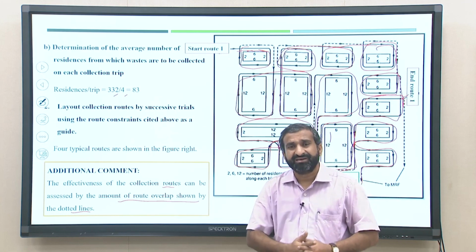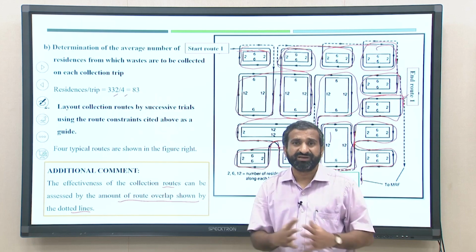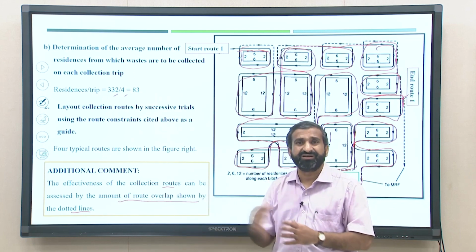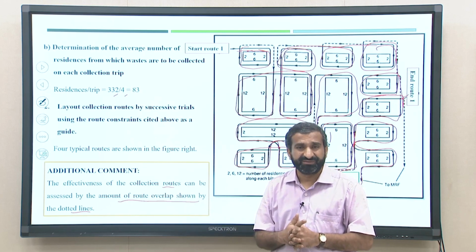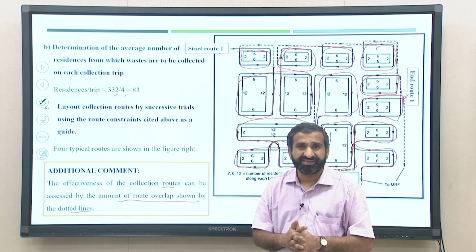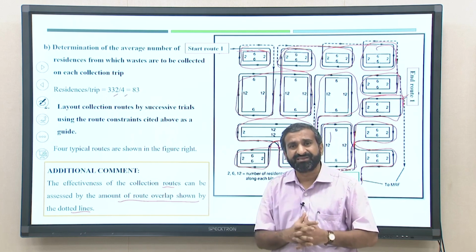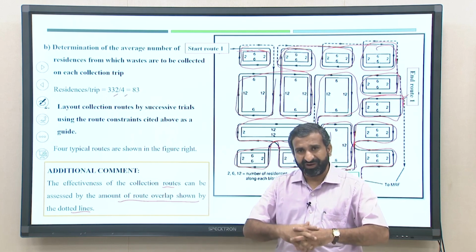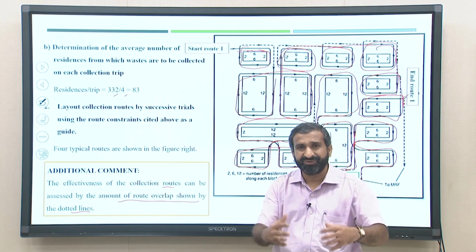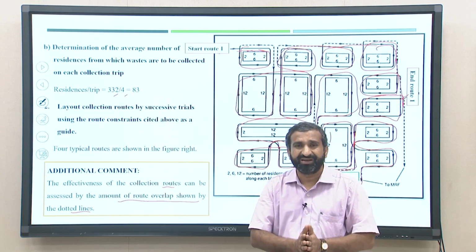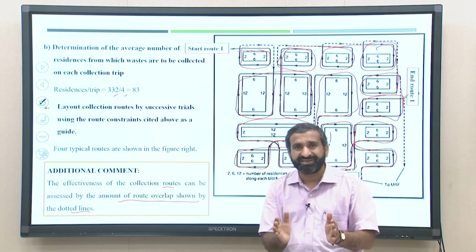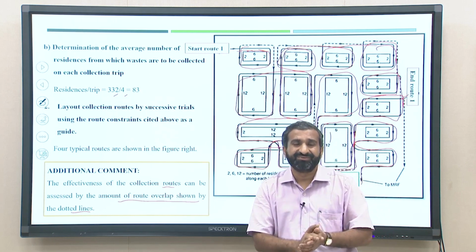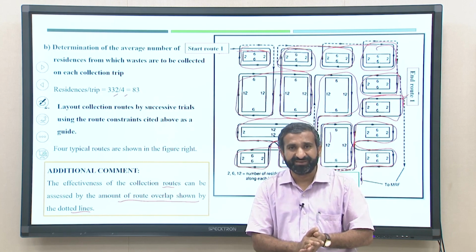If we are good at the collection, then only can we go for a proper treatment facility or recycling facility, and also finalize the proper disposal facility. Why I am sharing more on this is because collection alone takes the maximum fund for waste management.